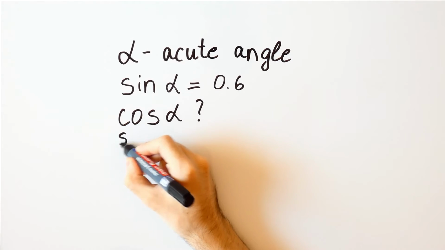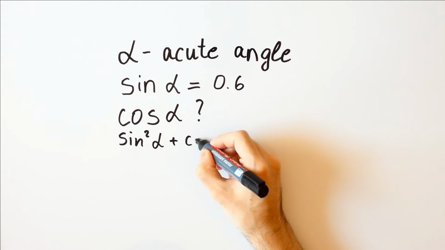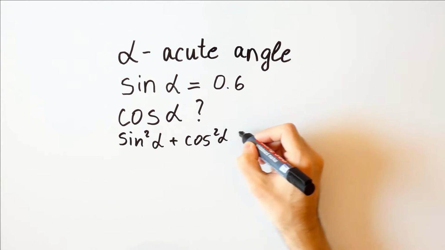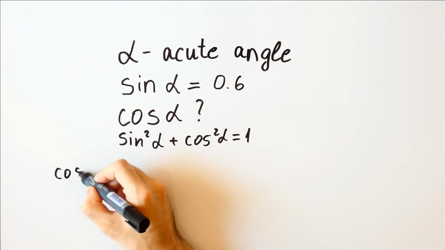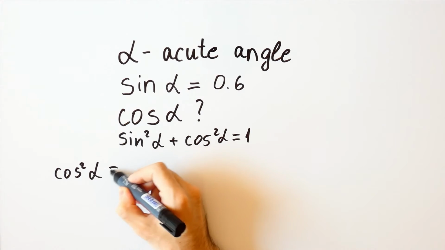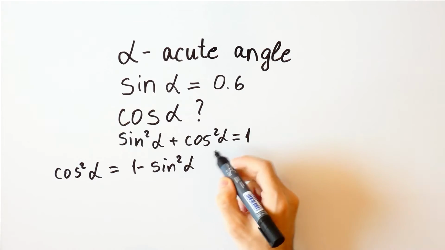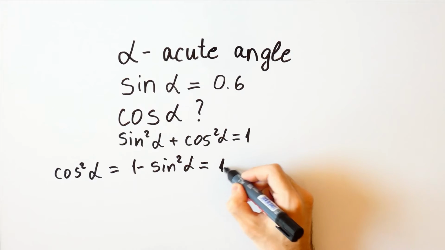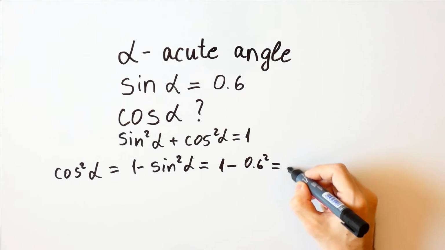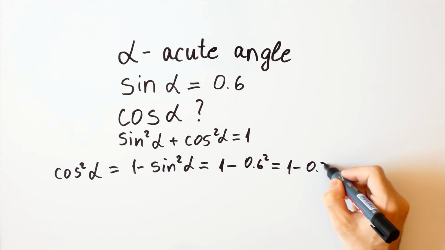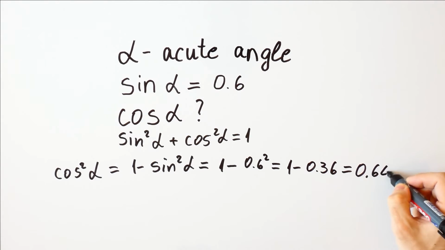Since the sine squared of alpha plus the cosine squared of alpha is equal to 1, then the cosine squared of alpha is equal to 1 minus the sine squared of alpha, and in this case that is equal to 1 minus 0.6 squared, which is equal to 1 minus 0.36, and that is equal to 0.64.